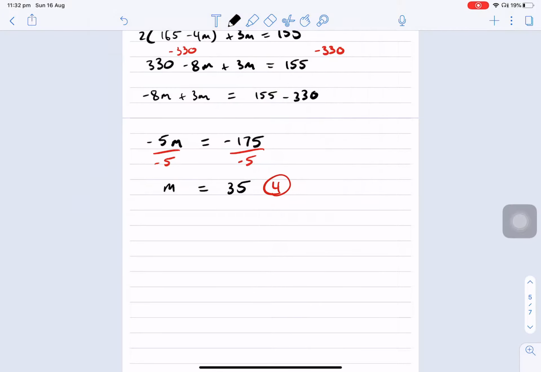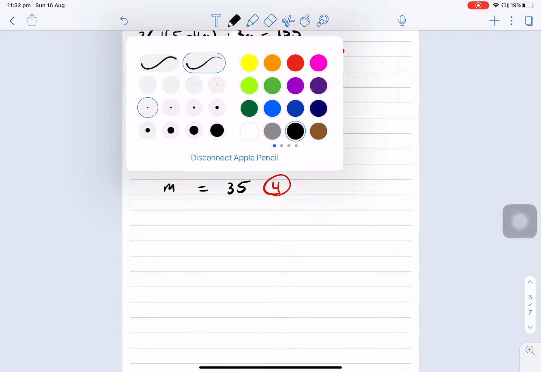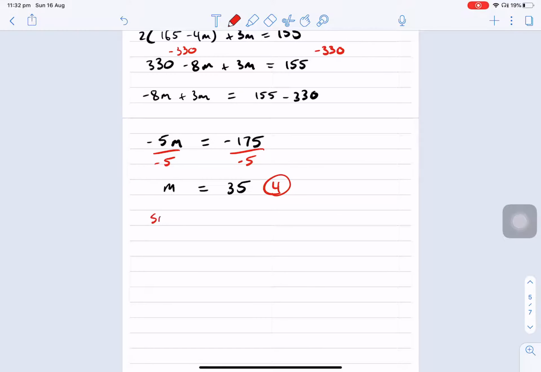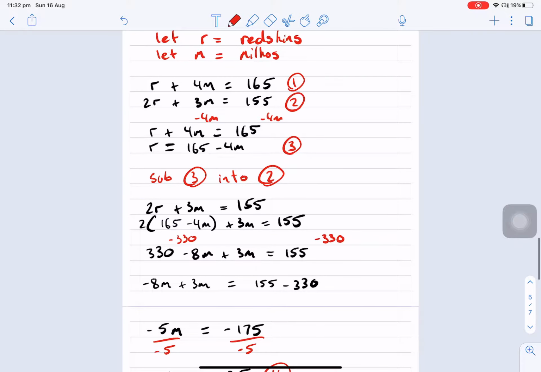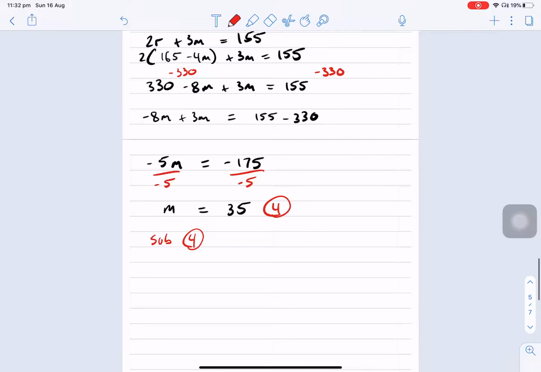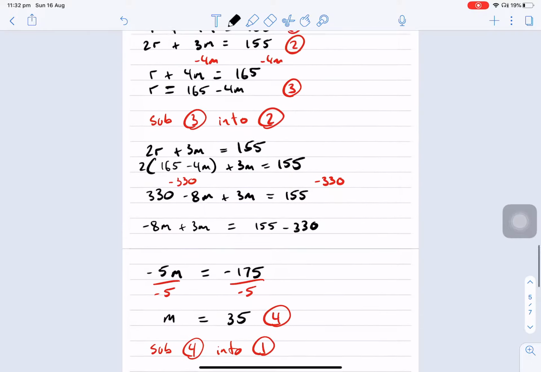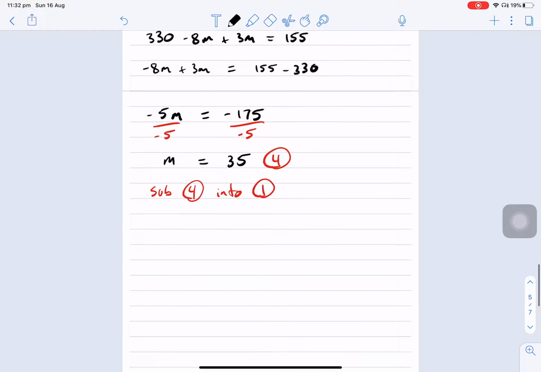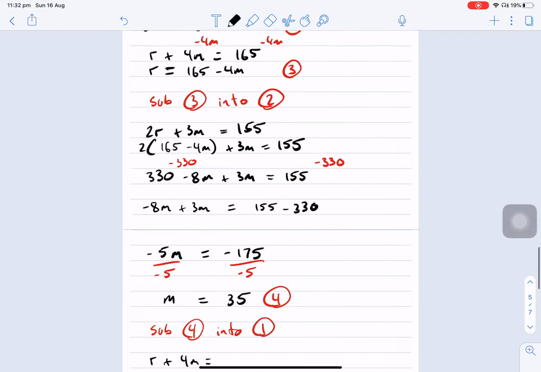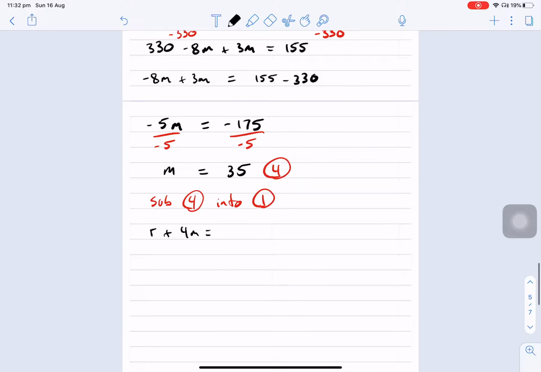Remember we're going to sub 4 back into one of our original equations. We'll sub it into 1. So equation 1 is R plus 4M equals 165 cents.